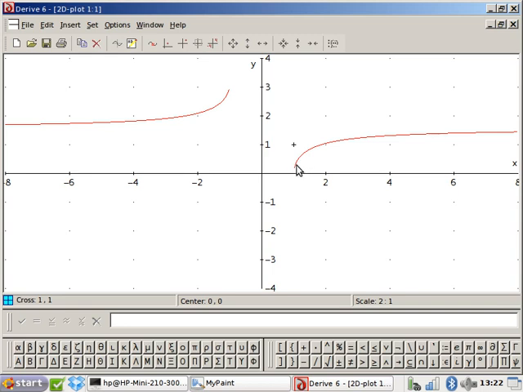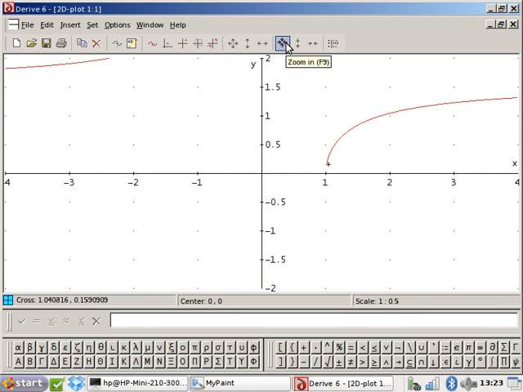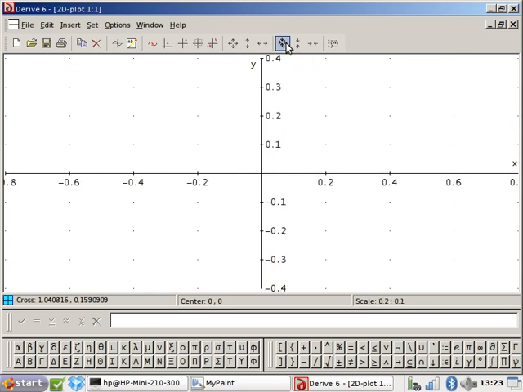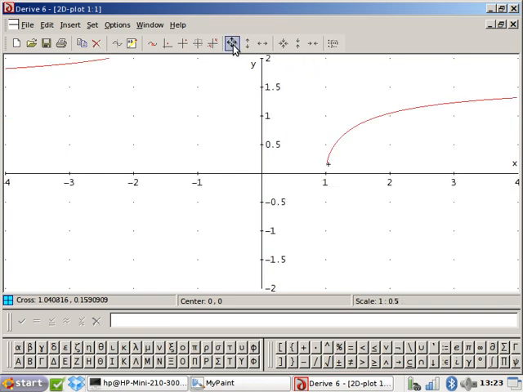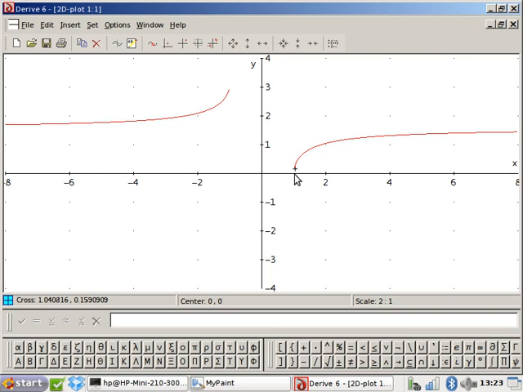No, actually, why has it stopped there? Is it a root here? This might be a root here at pi over 2. The graph isn't quite continuing. Let's zoom in on it and find out.